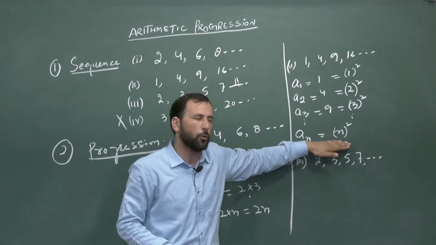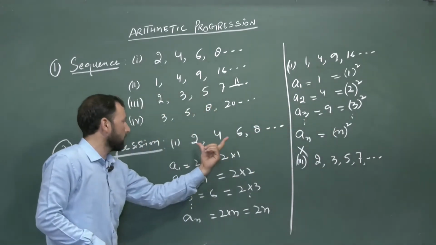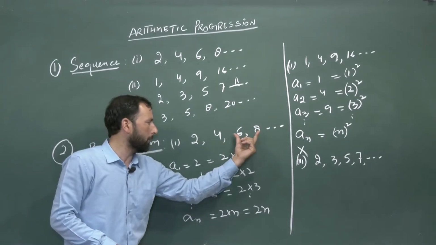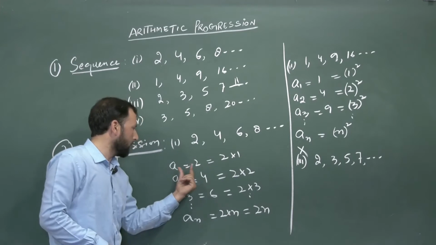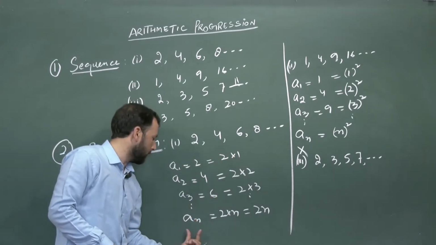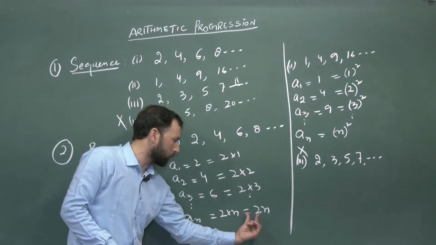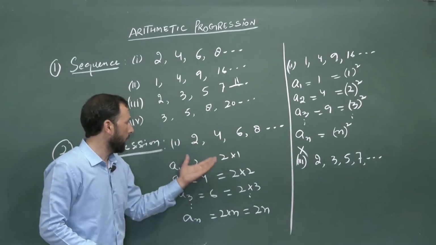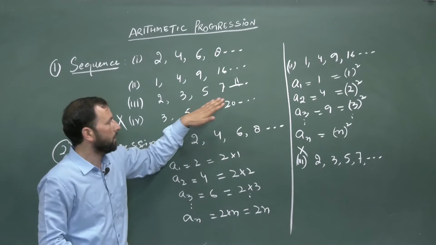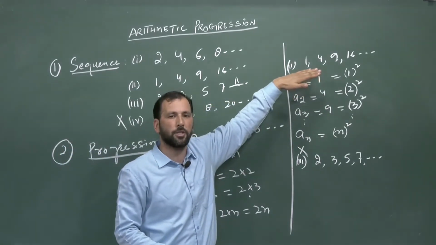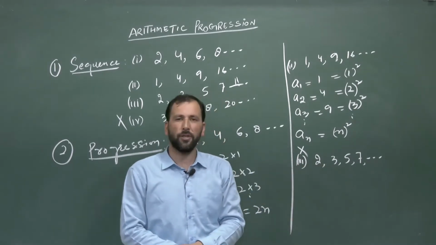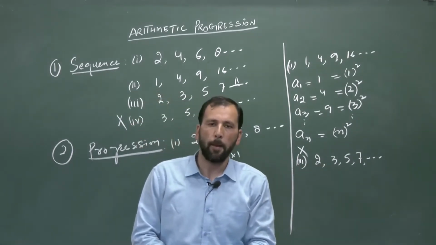Here 2, 4, 6, 8, all even numbers, is also a sequence. A1 is 2 into 1, and similarly an is equal to 2n. So 2, 4, 6 and 8 is a sequence as well as a progression. Similarly 1, 4, 9, 16 is a progression, and 2, 3, 5 and 7 is not a progression.